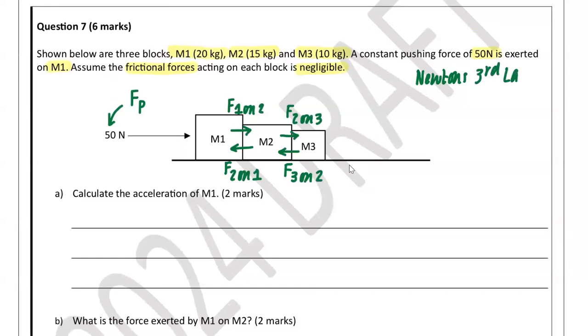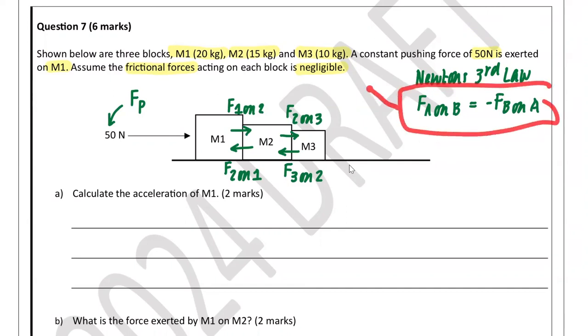In this case, we know that FA on B equals negative FB on A. That's the equation for Newton's third law. If we have a look at that, we can see that your forces in between the blocks are equal and opposite forces. So that's something to keep in mind when we do the analysis for this question.